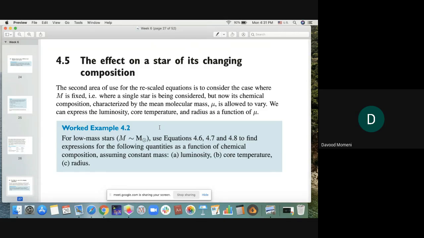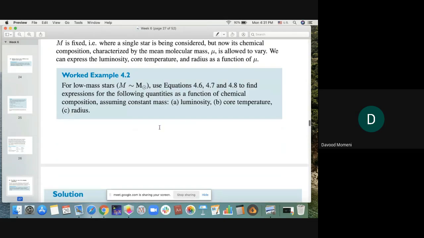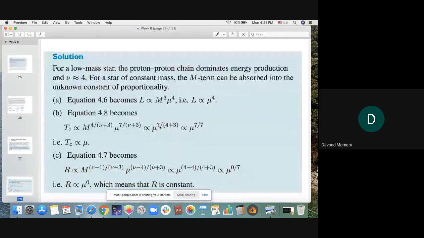If you go to the equations which we developed for low mass stars, again the index nu is 4. So if you look at the scaling equations, you will see that the luminosity will be proportional to m cubed mu^4.